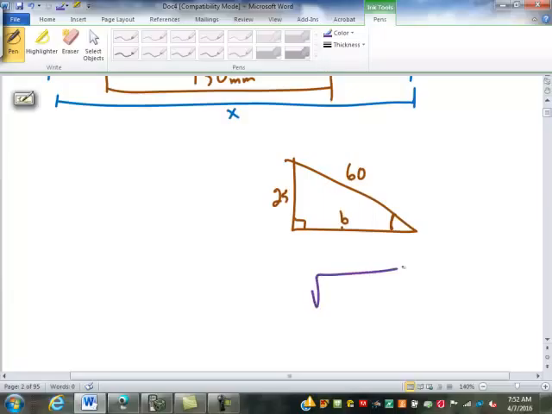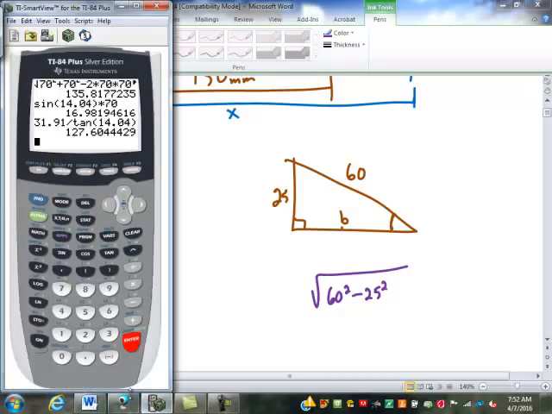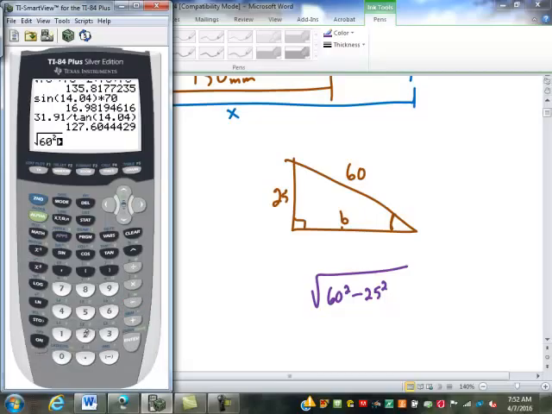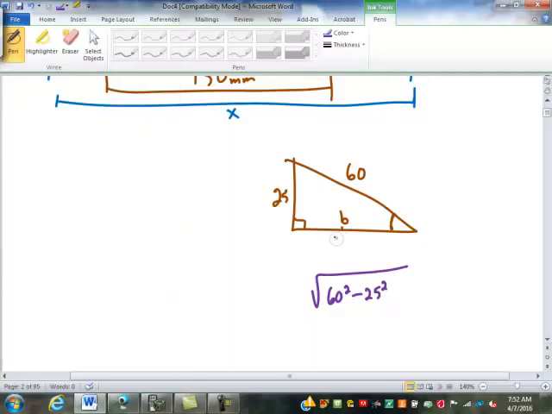So B is just going to be the square root of 60 squared minus 25 squared. Once we learn the trig, a lot of people tend to forget about some of the simple little rules that don't need trig, like the Pythagorean theorem. So 54.544.